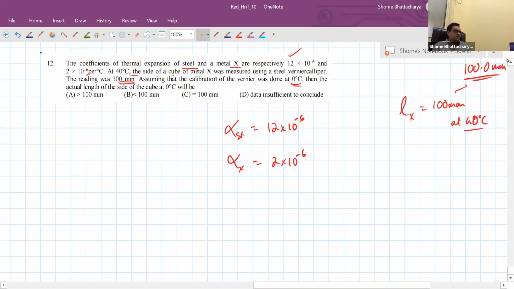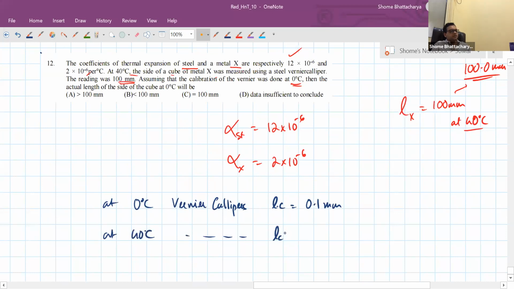See, the thing is that at 0 degrees C, the vernier caliper's least count would have been 0.1 millimeters. So at 40 degrees C, the vernier caliper's least count has become something else. It has become 0.1 into 1 plus alpha of steel into 40. Getting the point of it?